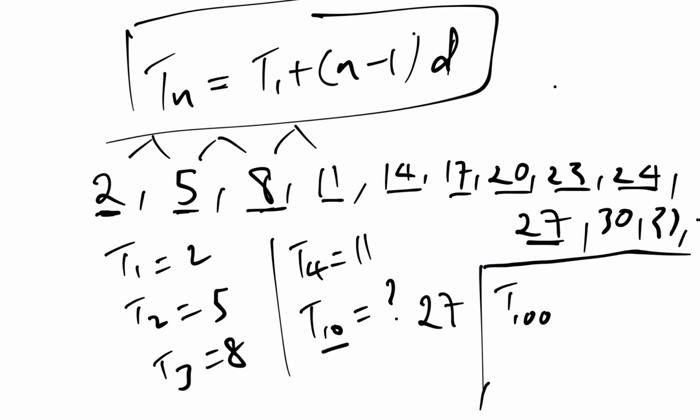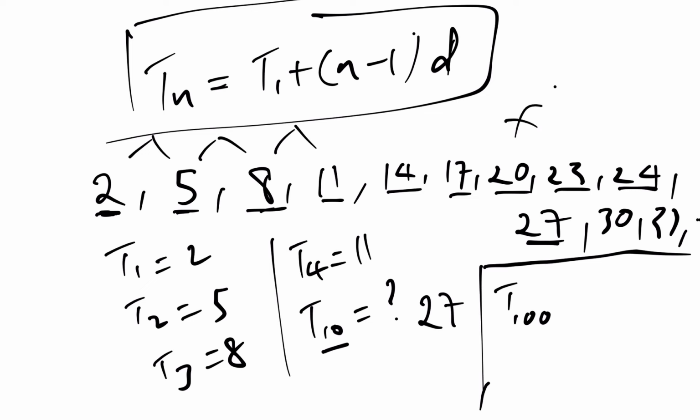So it won't make sense. What if the question was saying find the term number 2000? So you wouldn't want to find yourself trying to calculate using this method.